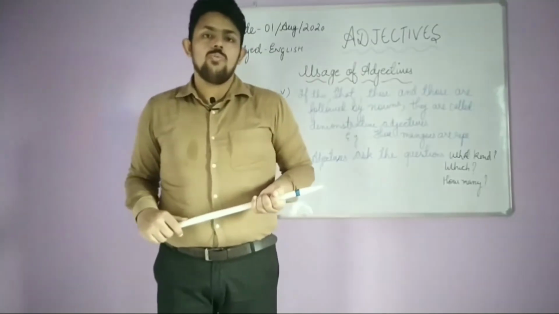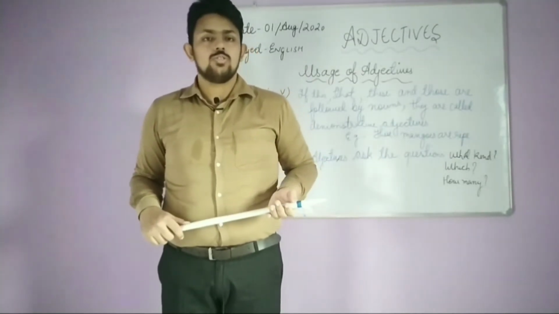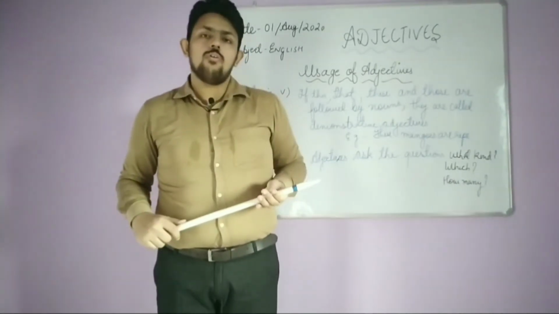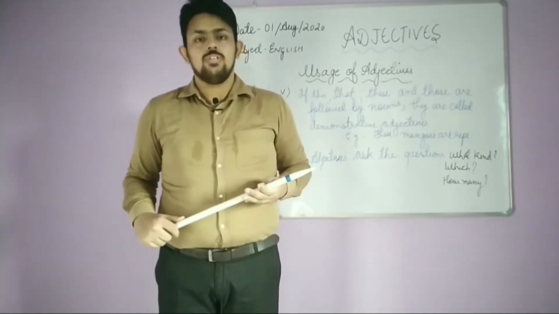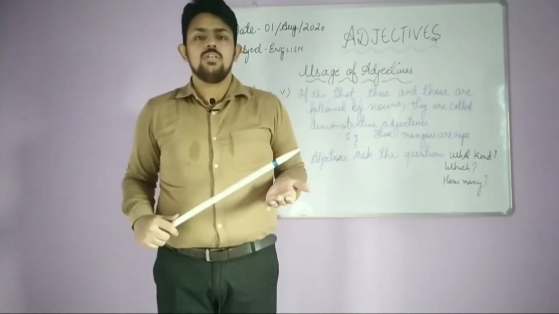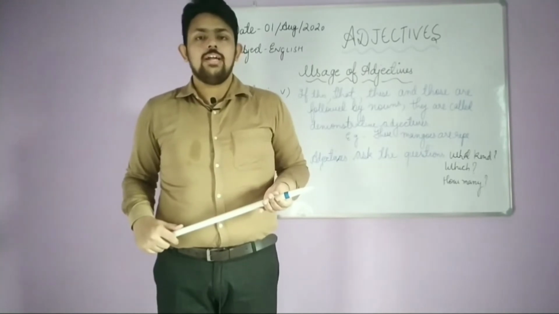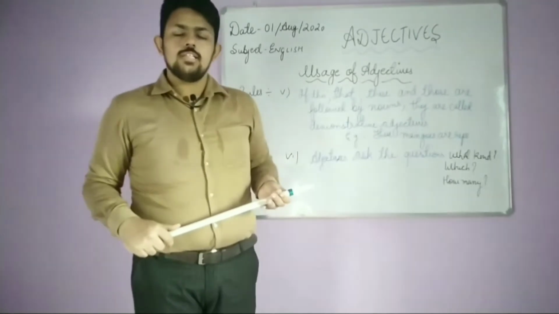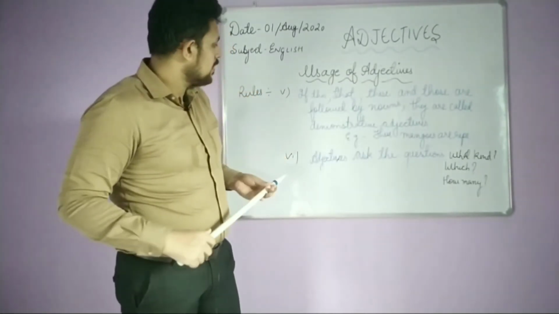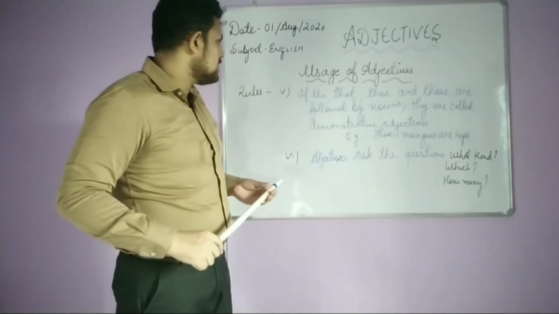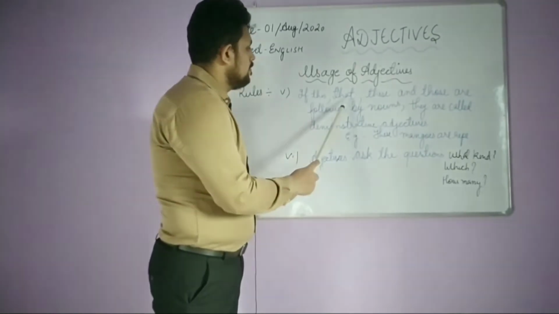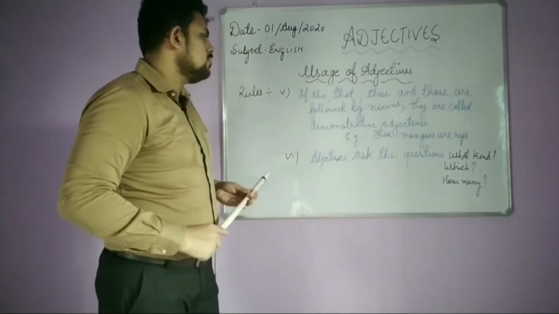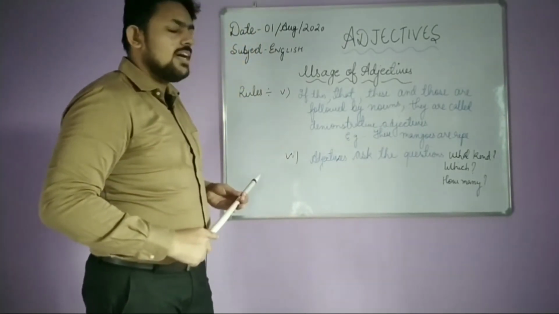Okay class, so now we will see the fifth and sixth rule, and the usage of adjective will conclude here with the fifth and sixth rule. We have done the first, second, third and fourth rule, and we have done the definition. Now we will see the fifth and sixth rule of adjective. Okay, so the fifth rule says that if this, that, these and those are followed by nouns, they are called demonstrative adjectives.